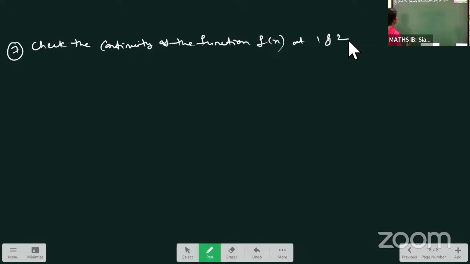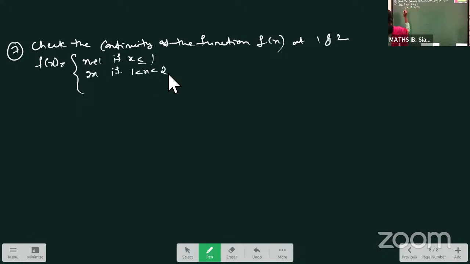So f of x is given as x plus 1 if x is less than or equal to 1, 2x if 1 is less than x less than 2, and 1 plus x square if x is greater than or equal to 2.